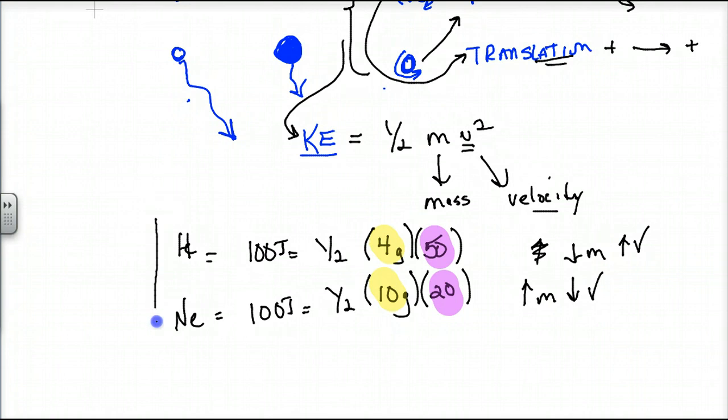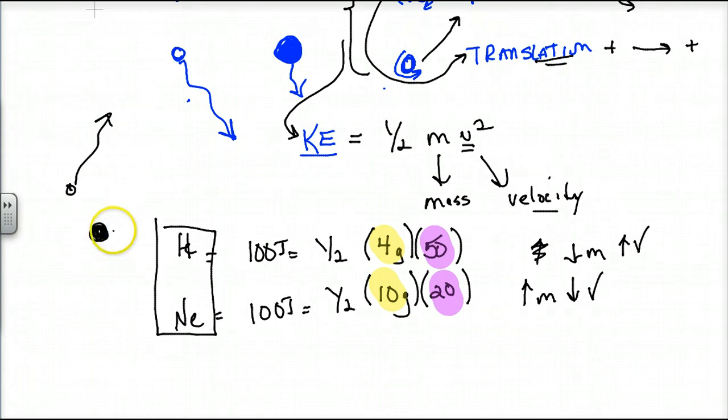So at the same temperature, helium is going to translate more than the slower moving neon, because it is lighter. It is more ideal. It is faster, more independent than the slower moving neon. It has less attractive forces.